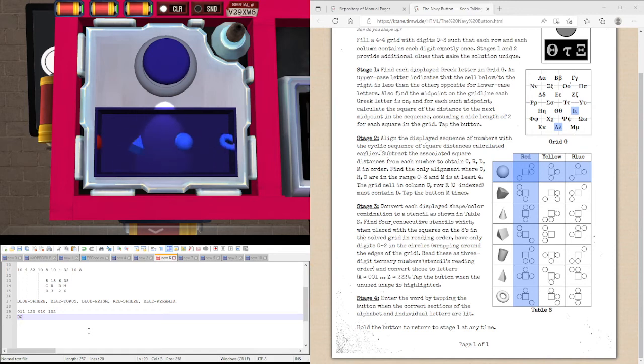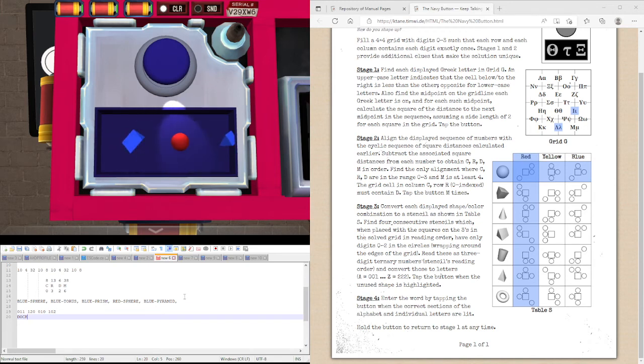O. Or 15. Then we've got 1, 3. So that's going to be C. Because that's a 1 in the 3 column. And then 3 squared again, plus 2. K. So our word is dock.